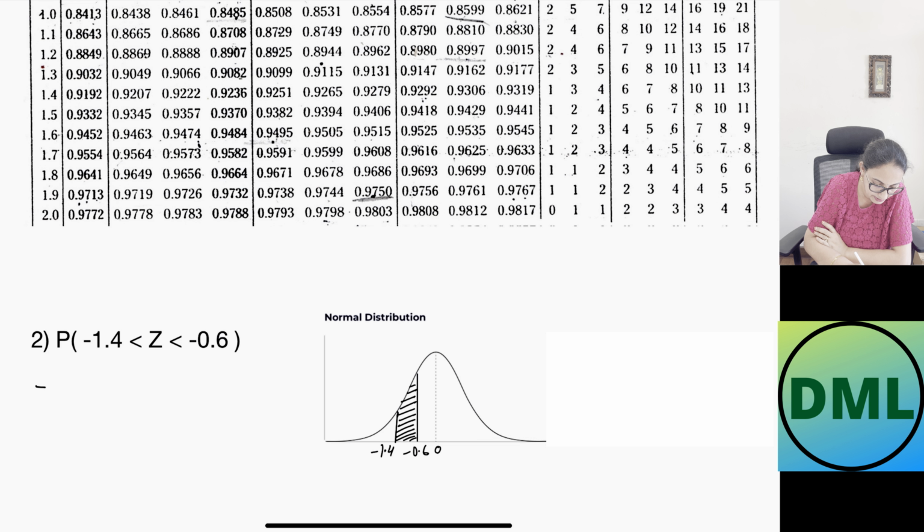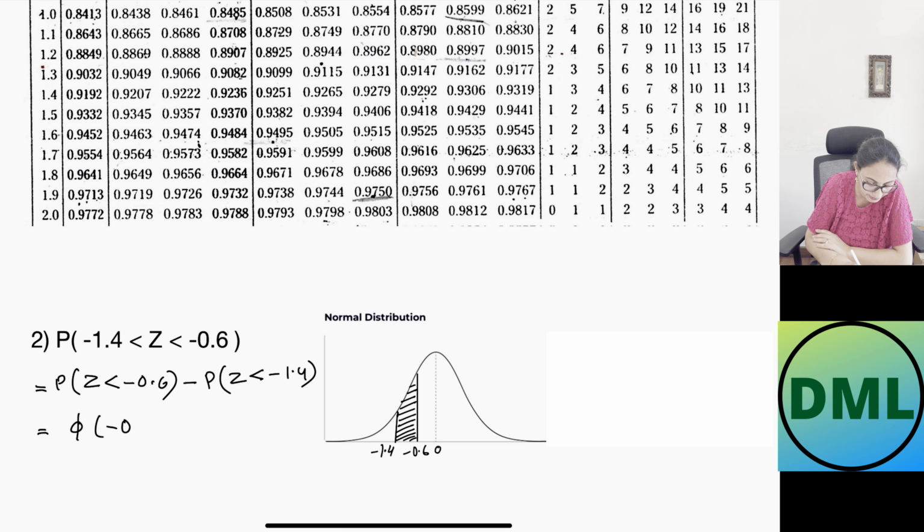Let's write the answer here. This will be written as probability of Z less than negative 0.6 minus probability of Z less than negative 1.4. Lesser than values will be written as phi of negative 0.6 minus phi of negative 1.4.